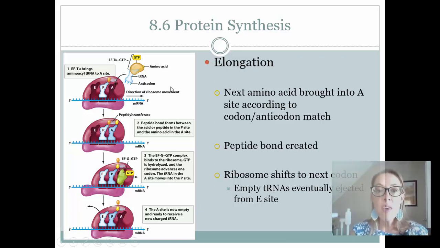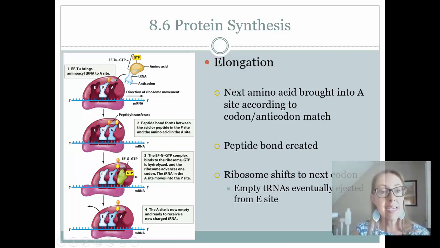All right, so then we have our next amino acid brought in according to the codon that is present on the messenger RNA. Well, we're looking for the matching anti-codon. Only the tRNAs with the matching anti-codons can come in.